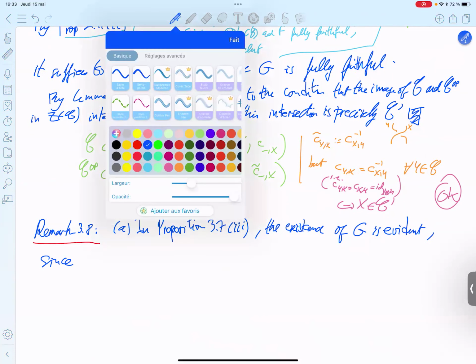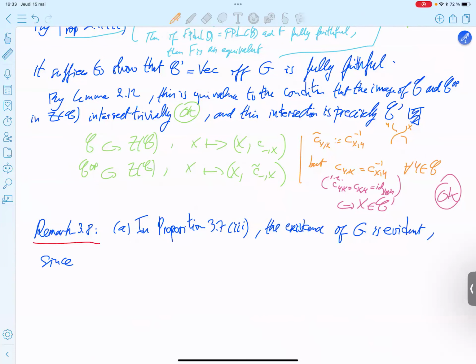So what I was a bit confused by is evident. So evident as a braided functor. It was unclear to me.